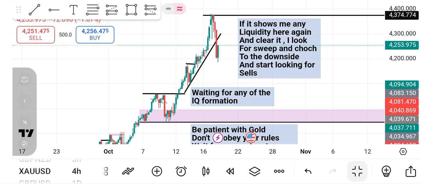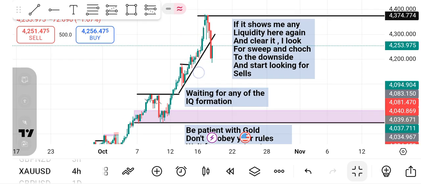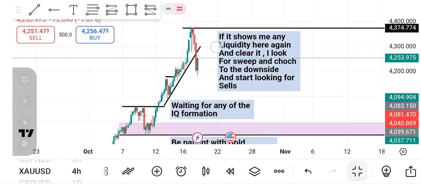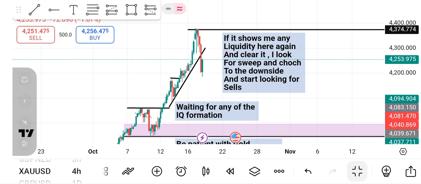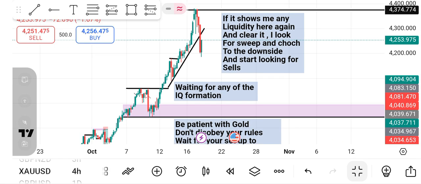But before gold clears this liquidity in 4 hour time frame, I will have to look for a liquidity around here, right? Once gold forms a liquidity at this premium zone, then I'll start looking for my sell setup to the discount zone.